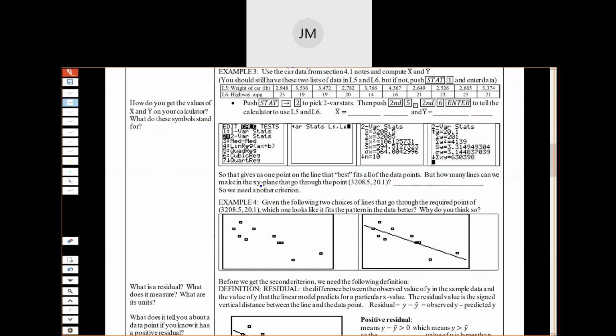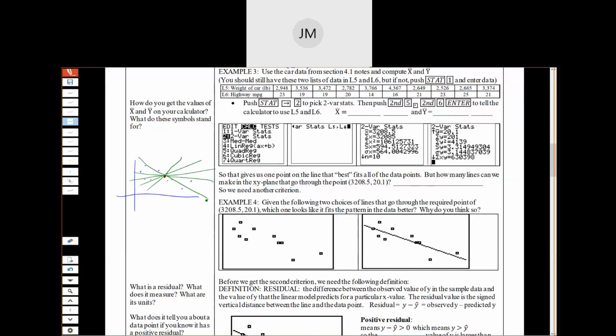So let me just draw a quick graph over here. Suppose I have my average point here. What we want to do is imagine that we draw a bunch of possible lines through that point, and we want to find out which one fits the best. And again, we need a criteria for which one fits the best.